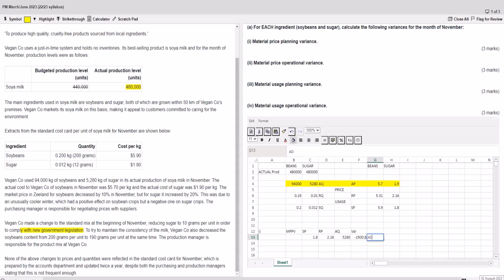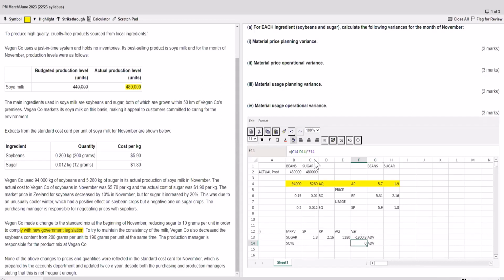And then you need to put it as adverse. You need to tell the examiner it's adverse. And this is for sugar. Okay. Now we're going to do this one for soybeans. So soya B, you don't need to write it out, but you can just literally copy that down because you don't want to have to do that again.